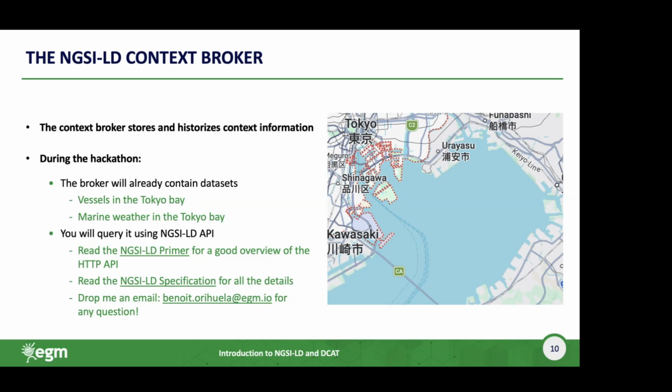There is a data set about vessels in Tokyo Bay. This data set is ready, you can use it right now. And we are now preparing a second data set, which will be about marine weather in Tokyo Bay. This one we are working on, and it should be ready in one or two days.